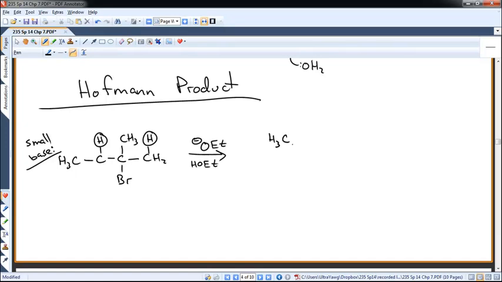So essentially it gives you what we have been calling the Zaitsev product. And what is the Zaitsev product? Okay, and you should be able to name this as well. So this is a Zaitsev product, and in this case, it's the major product. The minor product then would be the less substituted alkene, which would be this molecule.